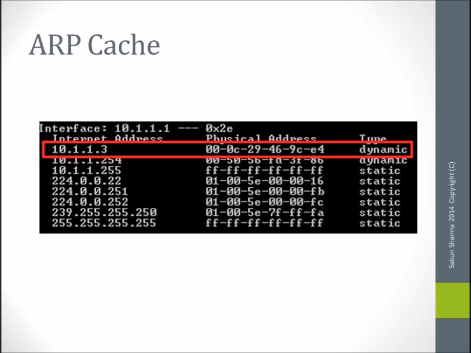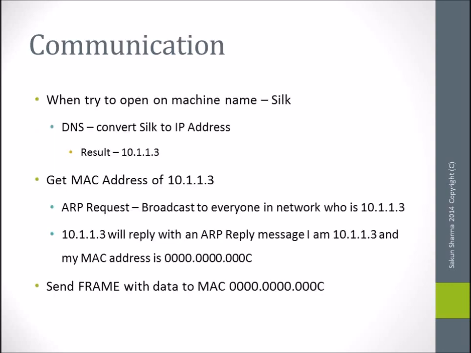If there is an entry for that in its local cache, then it won't send an ARP, it will directly send to that MAC address. If there's no entry for that particular IP in its ARP cache table, then it will generate an ARP request. So now as it knows the MAC address of machine Silk, it can send the data directly to machine Silk, and this will be unicast.